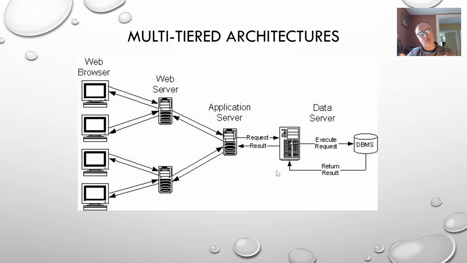The application server receives the responses from those database servers, collapses all that information together, and forwards it back out to the web server, which takes all that raw data and puts it into an easy to work with format, makes it pretty, and forwards it on to our web browsers. And that's how multi-tiered architecture works.